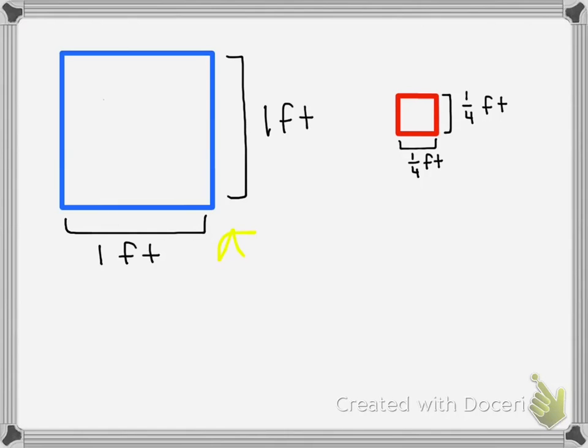Let's do the same thing we did last time. Split this whole foot into 1/4 pieces and do it again to all sides. I have 1/4, 2/4, 3/4, 4/4. I'm going to do it to all the sides.